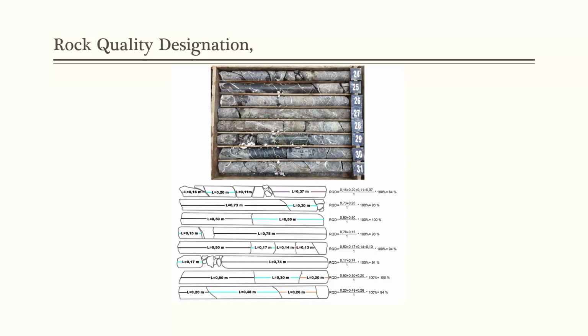In essence, it influences hole spacing, the burden, and explosive selection. It also affects the explosive energy requirements. Higher RQD values often require more explosive energy to achieve desired fragmentation.